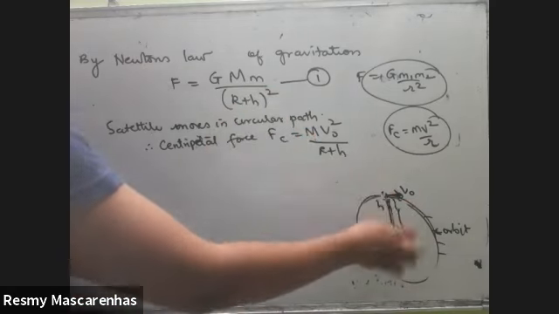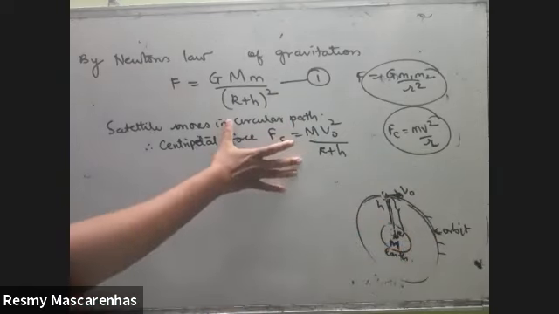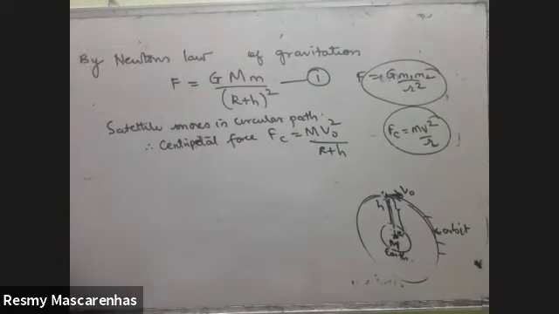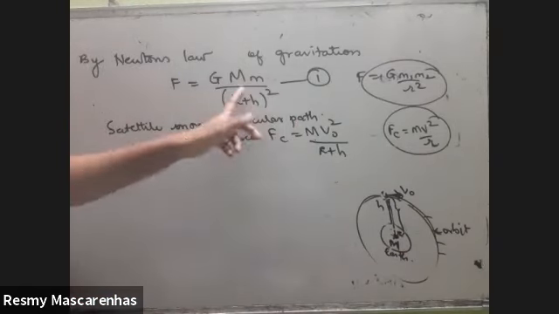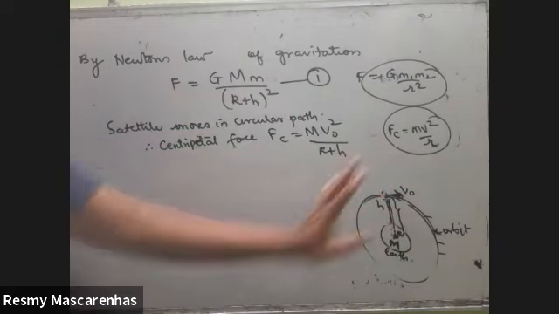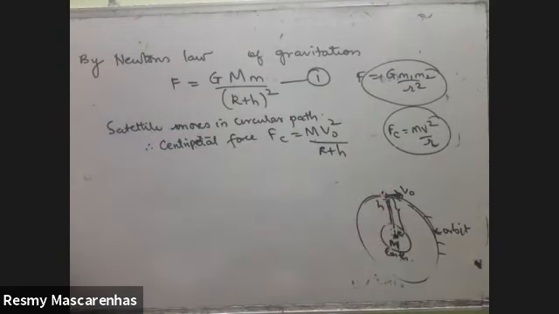Either it will move out or it will fall down. Only at equilibrium, when this force is equal to this, will it remain in the path. If one of them increases or decreases, then the balance will be lost and the satellite will fall out of the orbit.